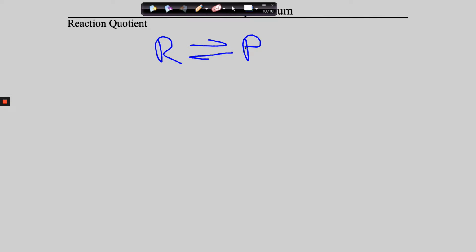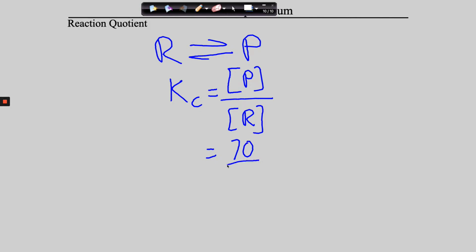Then we're going to write the Kc for this: concentration of product over concentration of reactant, and make this specific to our little setup. 7 divided by 3 is 2.3, is that true? Okay.